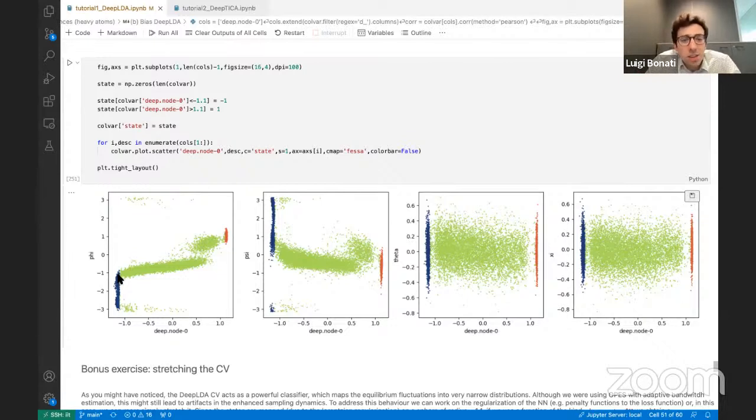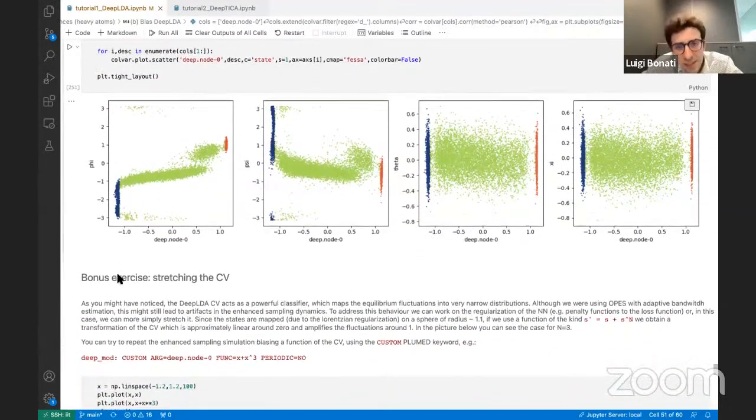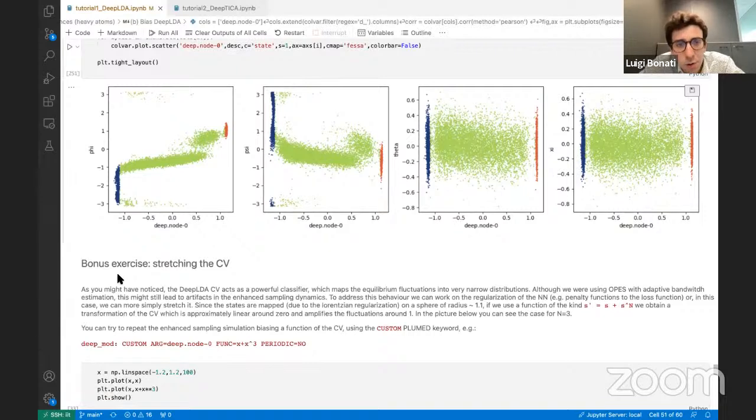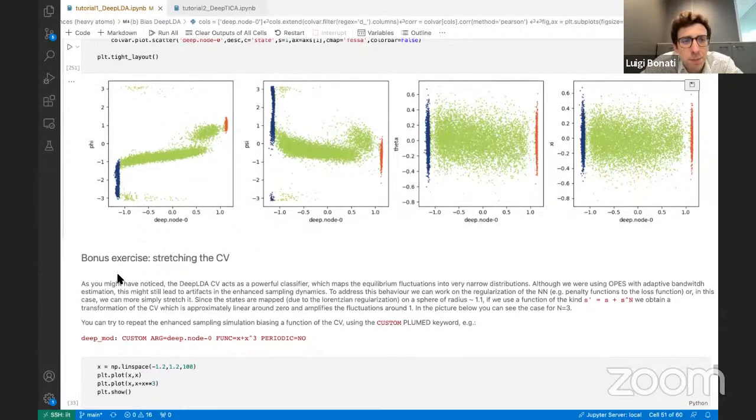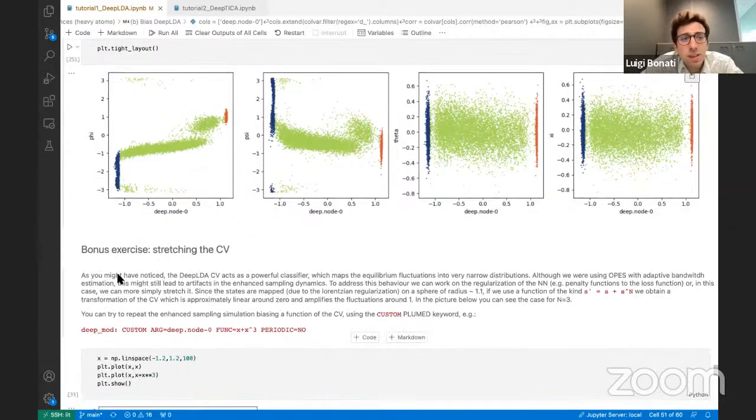On the other hand, interpreting in terms of physical quantities could be more complicated, and of course this is part of the trade-off between accuracy and complexity. But still, I think it's very important to always try to understand, at least with simple methods, what the CV has learned, because this will allow us to understand when there is a problem, and how to solve it.